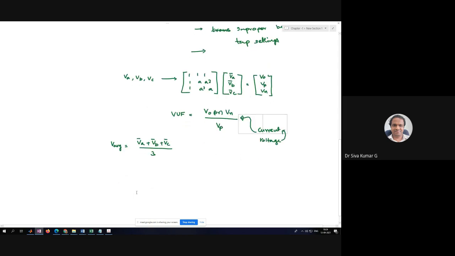Try to figure out yourself whether we need to consider the phasor or only the magnitude. You just explore how we can evaluate the average. Maybe I'm not sure about it. Whether we can take only the magnitude.